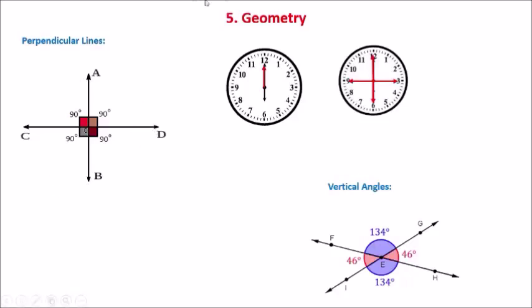Let's look at another example. This clock is showing exactly 6 o'clock, and this red arrow is the minute hand, okay? When the minute hand moves, after 15 minutes it would have traveled 90 degrees. Then another 15 minutes, another 90 degrees. Another 15 minutes, another 90 degrees.